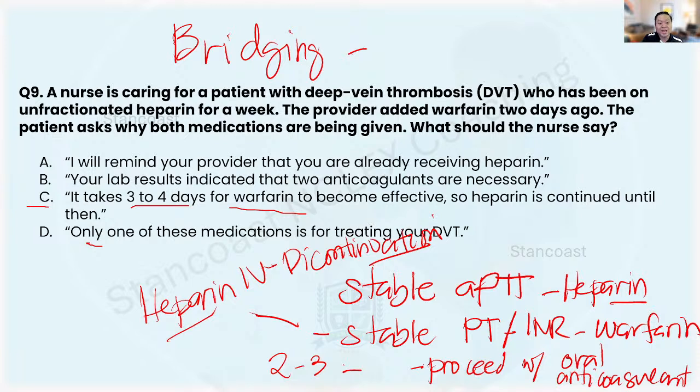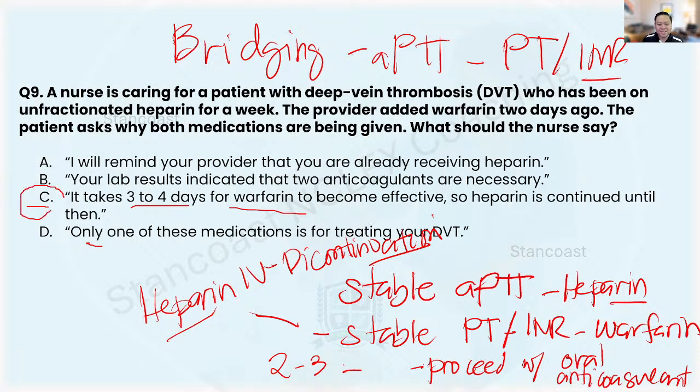And so, yeah, this was quite a shock to me. So I hope that this is going to stick in your subconscious. Make sure that you're going to recall about the bridging of the APTT and the PT INR. Right? Alrighty. So our correct answer is letter C.